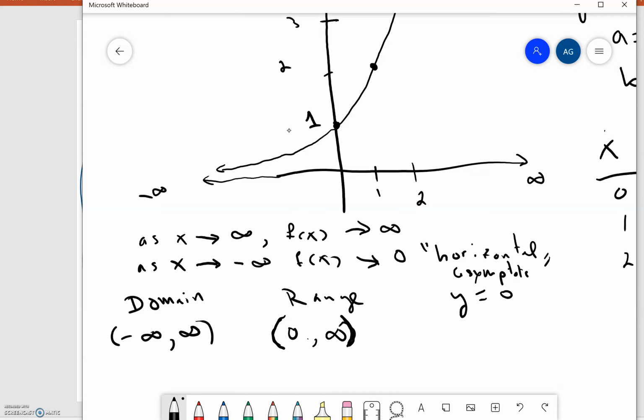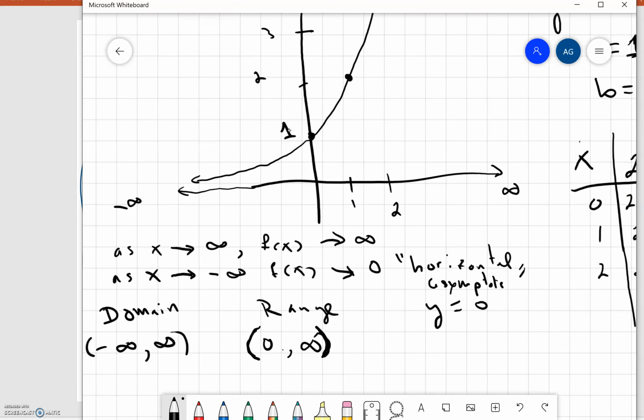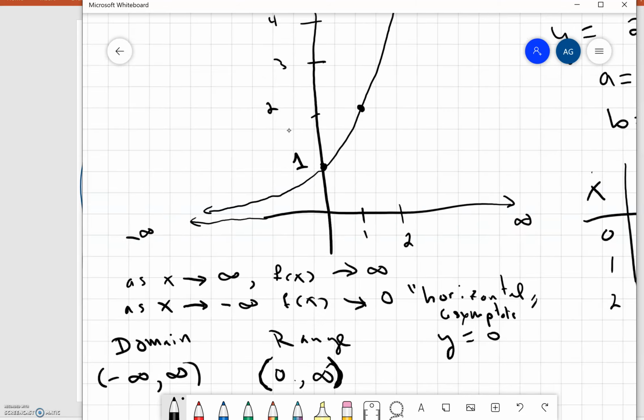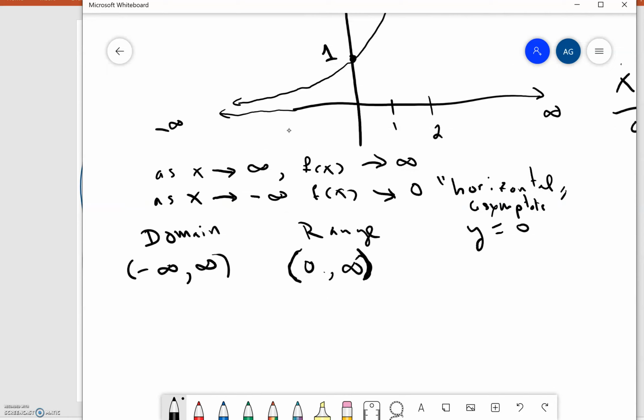All right, what else can we say about this? There's a lot I could say about this actually. Well, what about concavity? This is certainly an increasing function, and it is concave up. So this is increasing and concave up.